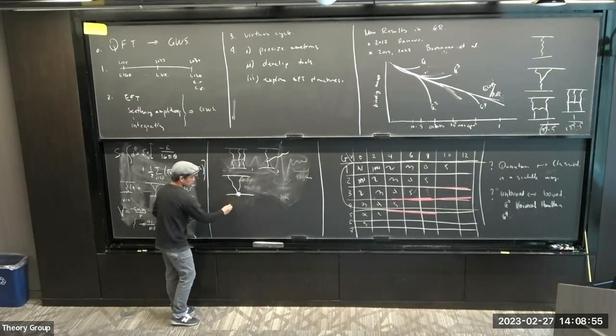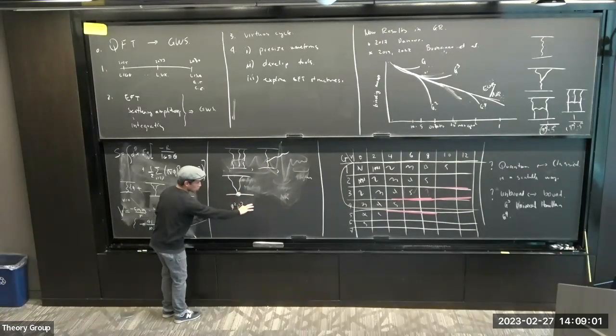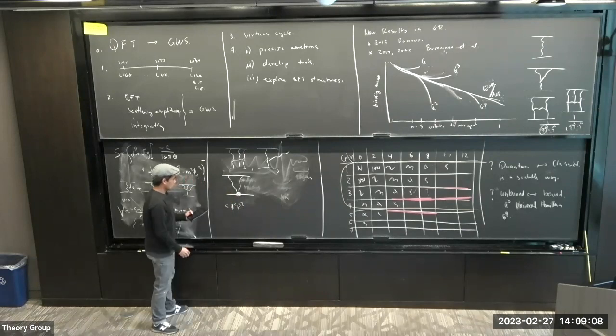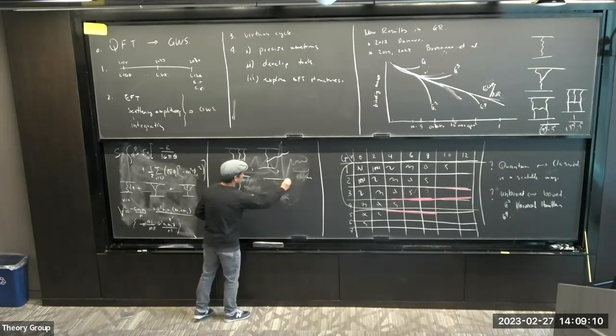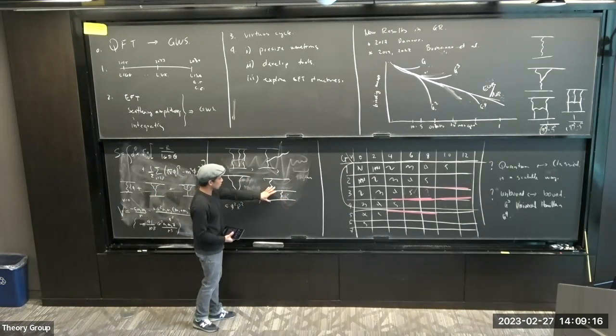Or we could also include operators in this action, like phi squared, Riemann squared, or higher dimensional operators that would model for us tidal coefficients. You could also use the same techniques to model n-body systems. For example, there's some interest in 3-body systems in the hierarchical limit.